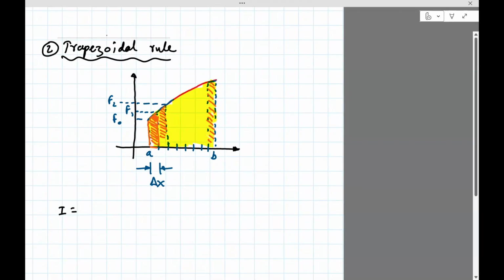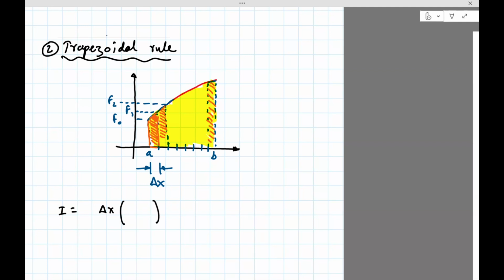Now the area of this curve can be written as, so I need to sum all those orange regions. The area of a trapezoid is the width, which is delta x, times the average of the heights.